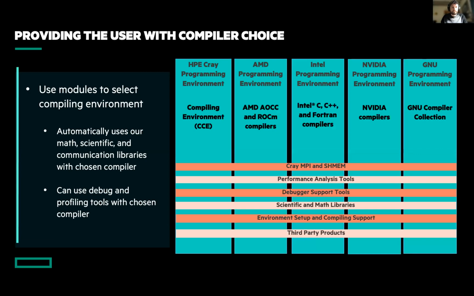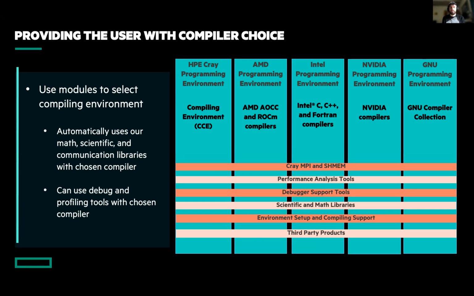So one of the big things is a consistent environment. We provide you access to multiple vendor tool chains, so many different compilers for different architectures, through a consistent environment that can automatically use our math, scientific, and communication libraries without you having to really do much.